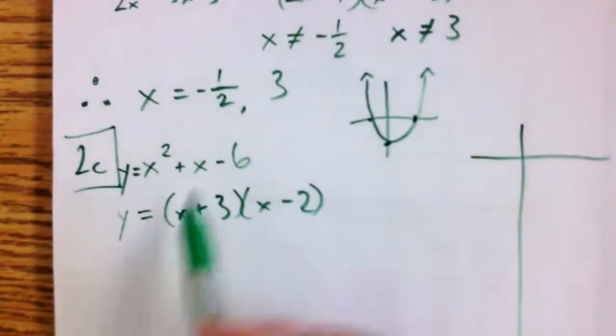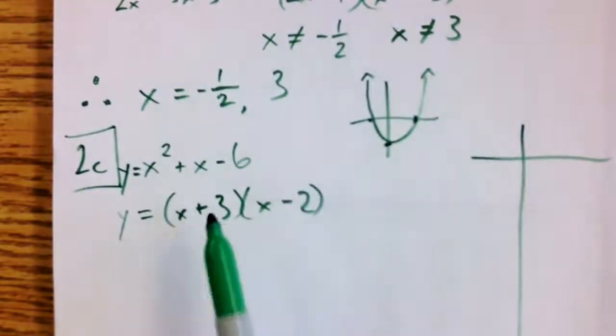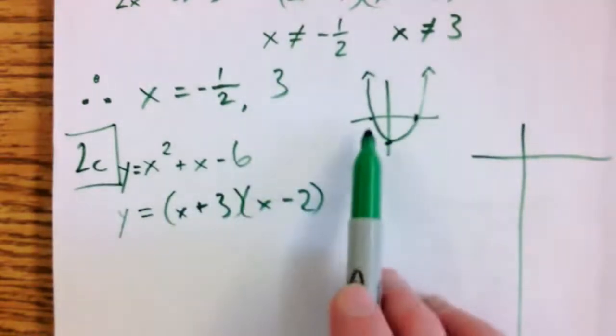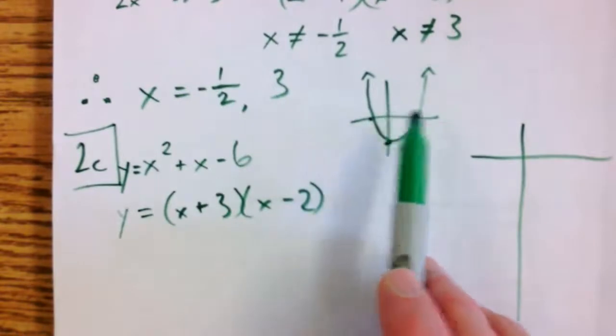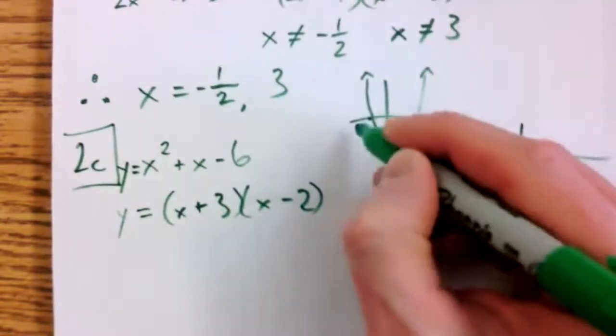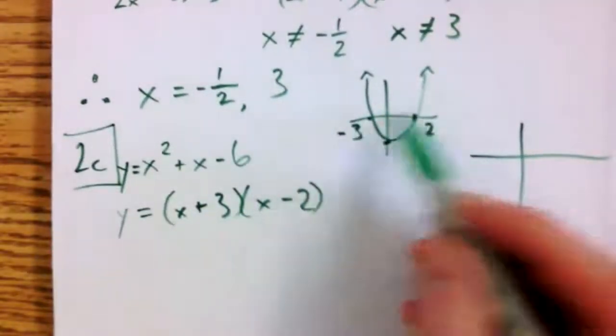I know I'm telling you stuff that we haven't gone over just yet, but it's easier this way. The textbook, at this stage of the game, wants you using a table of values. But when you can find the zeros, when x equals, oh, I did this backwards. When x equals 2 and x equals -3, those are the zeros.